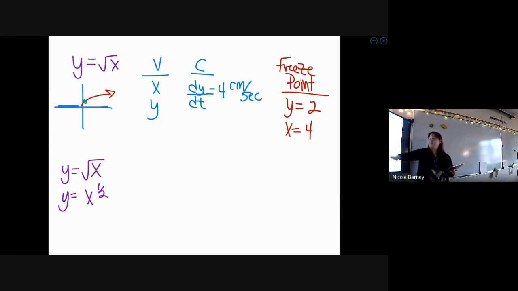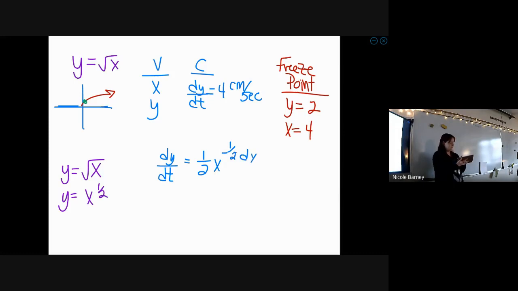Now we're going to do our rate of change equation. We have dy/dt, the change of y with respect to t, equals 1/2 x to the negative 1/2 dx/dt. Does everyone feel comfortable differentiating?